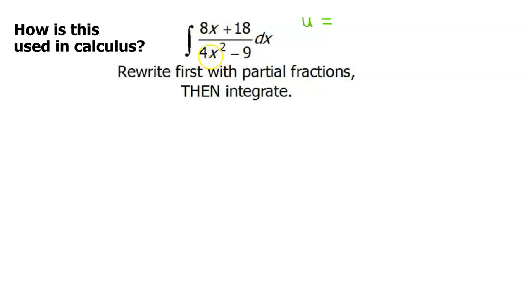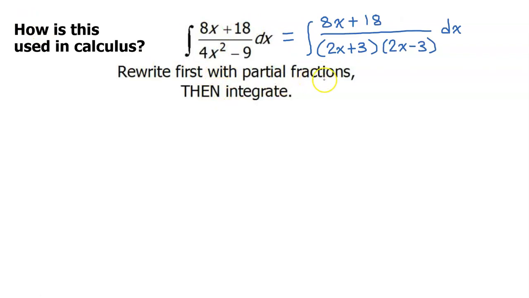For example, if we let u equal 4x squared minus 9, then u prime is going to equal 8x. But 8x does not cancel out the 8x that's in the numerator because of the pesky plus 18. You can't cancel out something that's connected by addition.